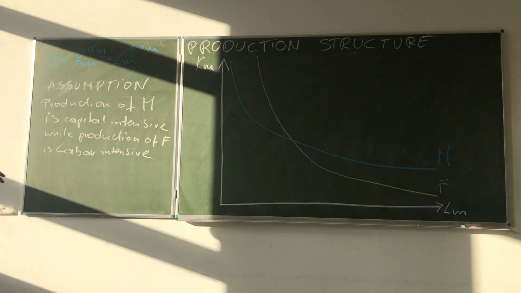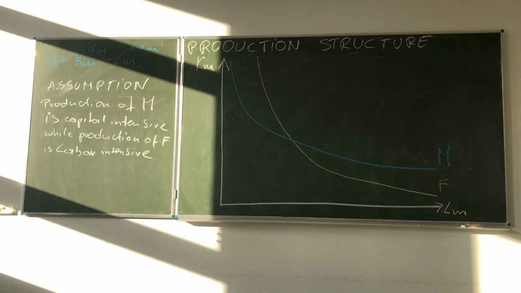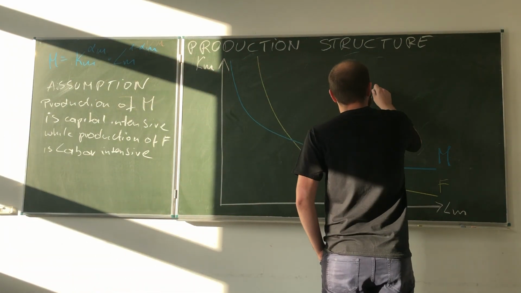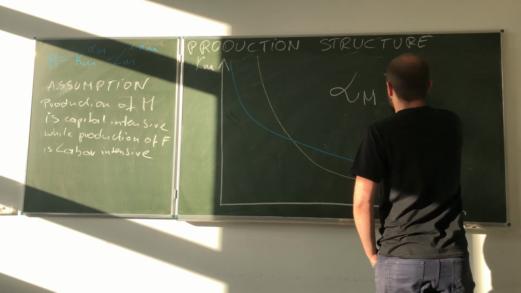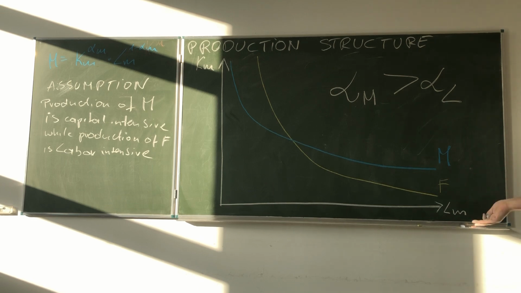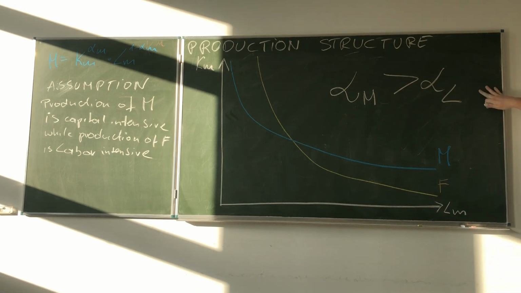If we combine those two statements, we basically see that the additional assumption on the structure of production that we need for this economy is that alpha_m is bigger than alpha_f, which in simple words means that production of manufacturers is more capital intensive than production of food.